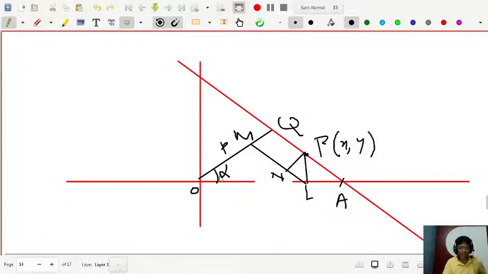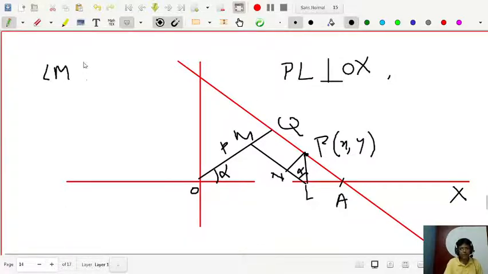If this angle is alpha, you can easily show that this angle is also alpha. If this perpendicular makes angle alpha with the positive x-axis, then this angle is alpha. PL is perpendicular to OX, and LM is also perpendicular to OQ.